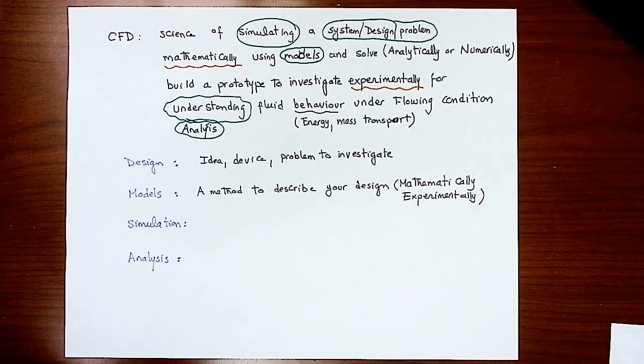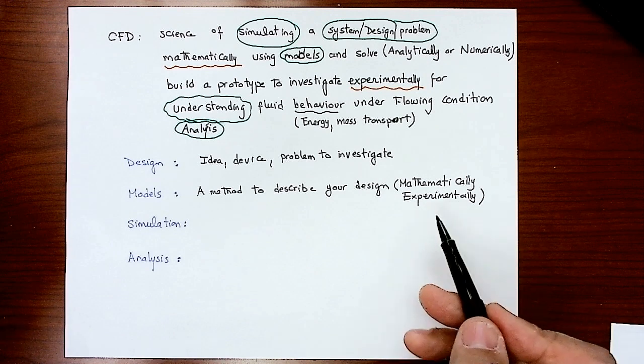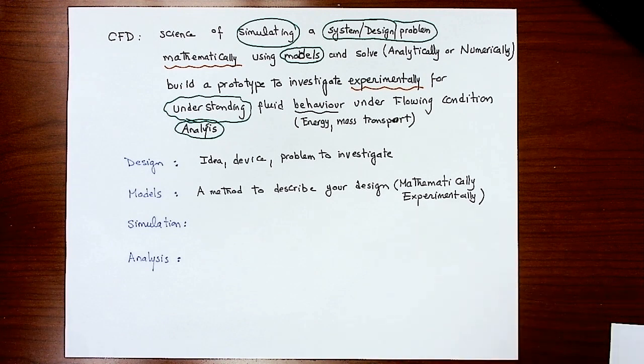After you come up with an idea, you decide which way you're going to go for picking up the model to describe your design. You can describe your design by picking up some mathematical equation that describes your phenomena, or you build a prototype to investigate that idea or that device experimentally.